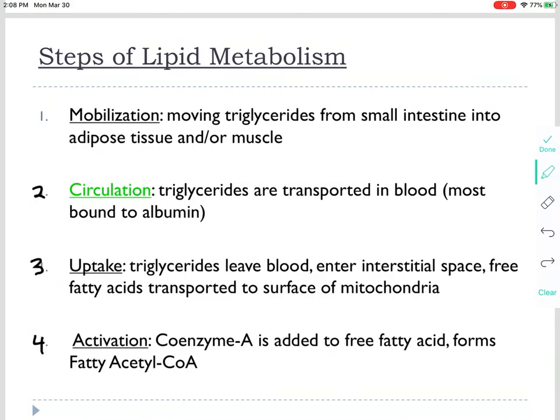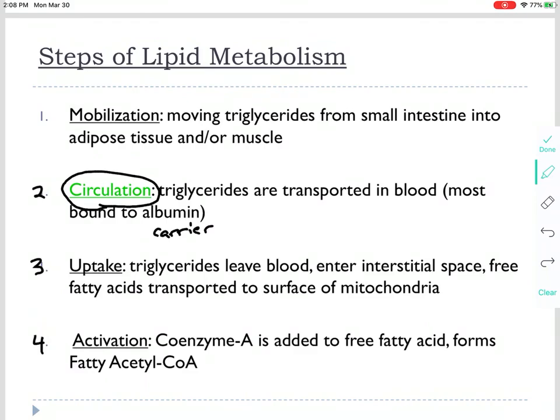What are some things that are unique about fat? One of the things that is unique about taking the fatty acid and trying to metabolize it for energy is that fats require some special care when they are circulating in the bloodstream. Because fats are not water soluble, they need a carrier.